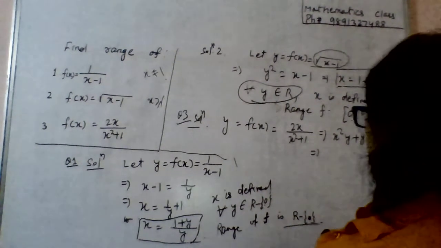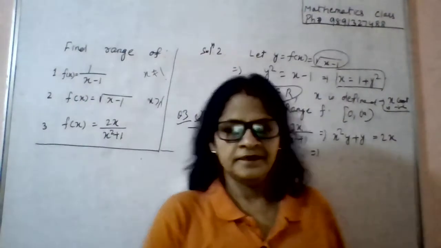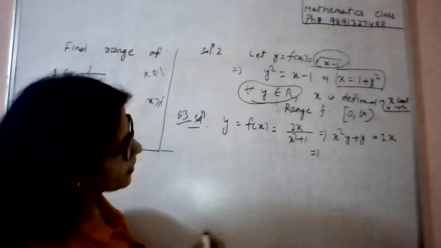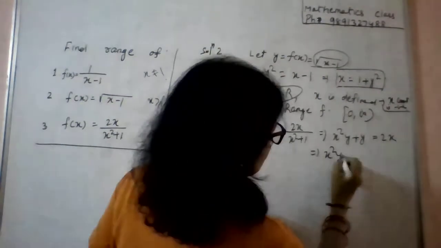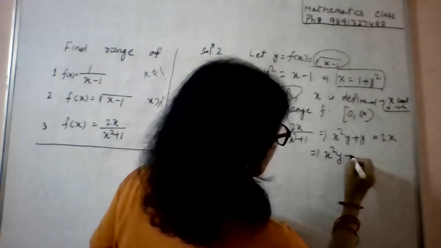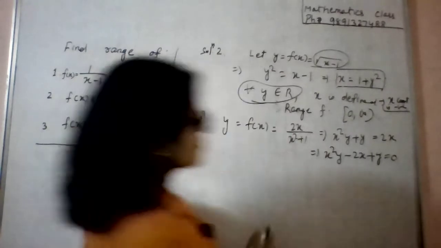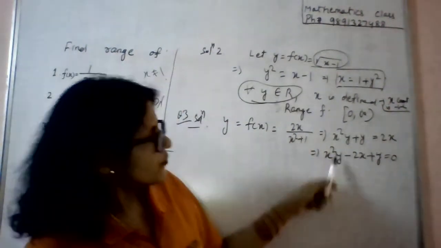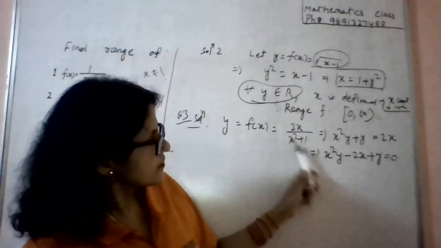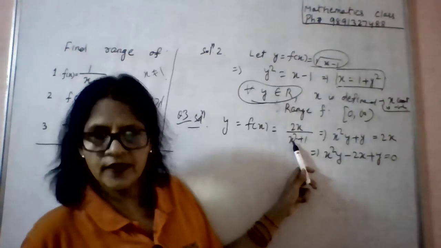So we can write here x square y minus 2x plus y equal to 0. Being a quadratic expression, we are writing it like this, right? Because we can't get x directly in terms of y.